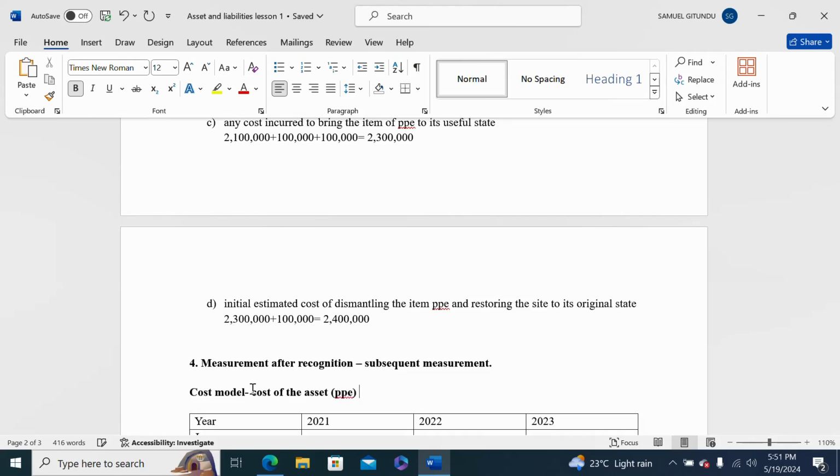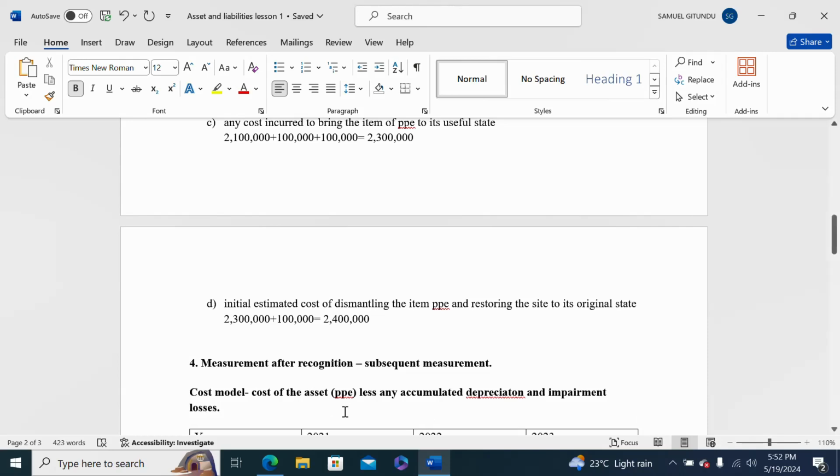So it is the cost of the asset less any accumulated depreciation and impairment losses.